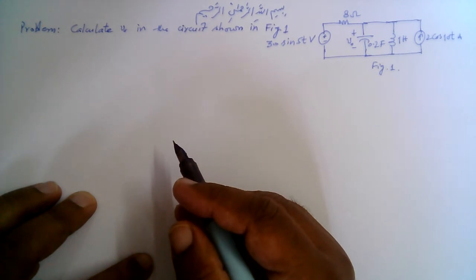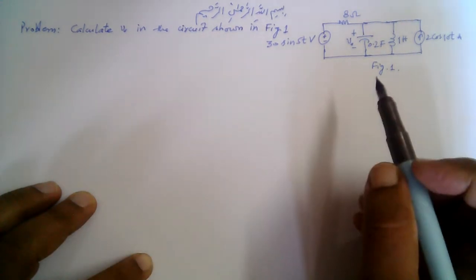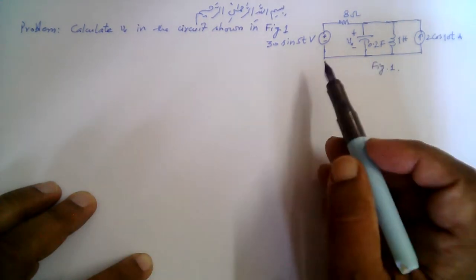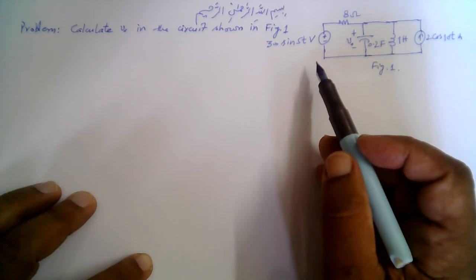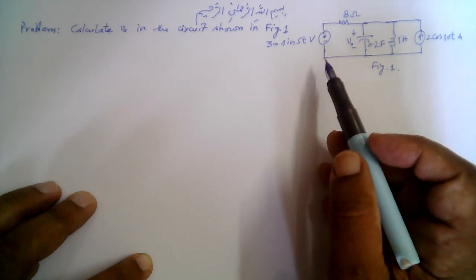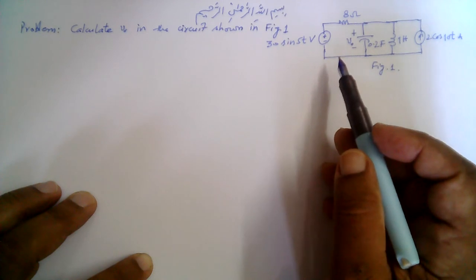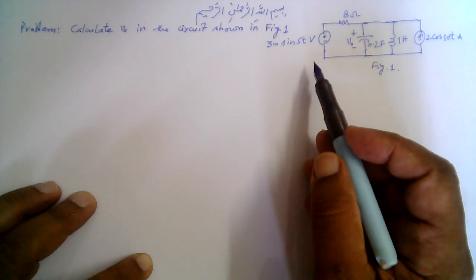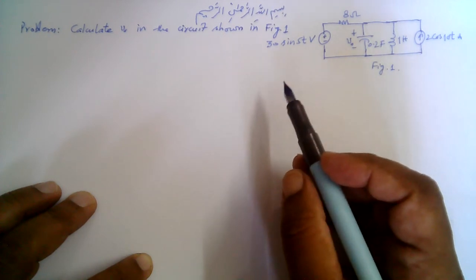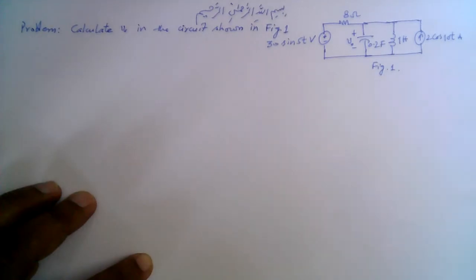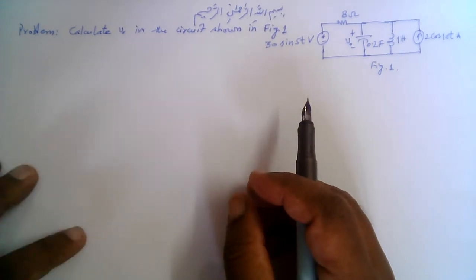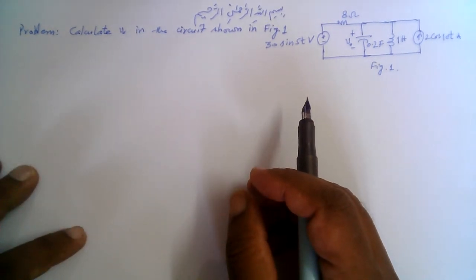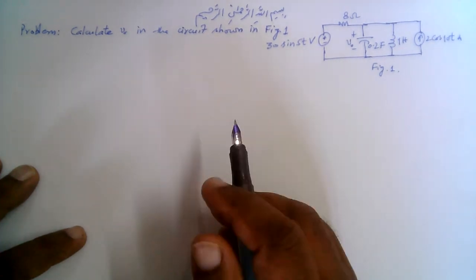So what we'll have to do is turn off one source first and then find the response due to the remaining source, and then perform the same process again, that is turn off the earlier source, and then find the response due to the other source and then add the responses together. So that is basically superposition. We will have to use superposition to find the response for this circuit.